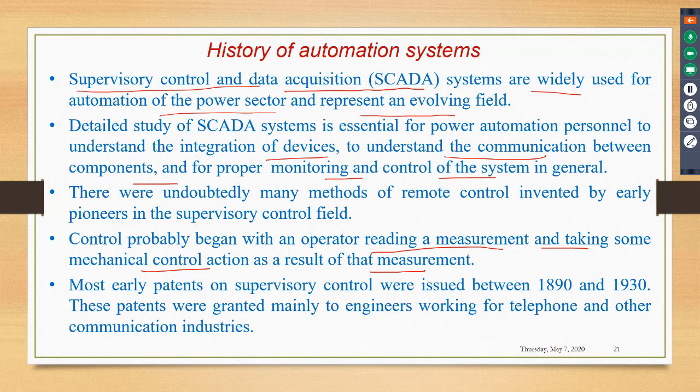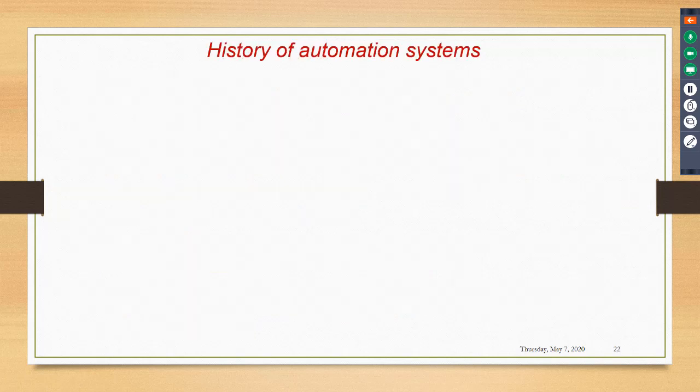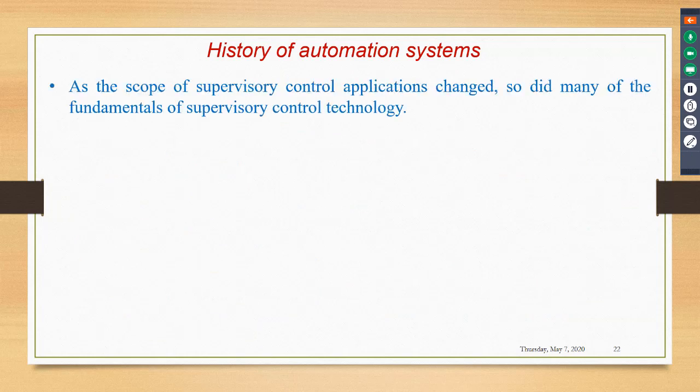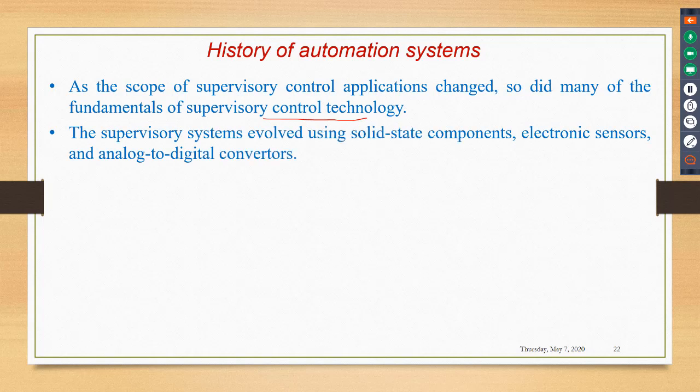Most early patents in supervisory control were issued between 1890 and 1930. These patents were granted mainly to engineers working for the telephone and other communication industry. It was not for the power system, so gradually it evolved towards the power system. As the scope of supervisory control applications changed, many of the fundamentals of the technology also changed.